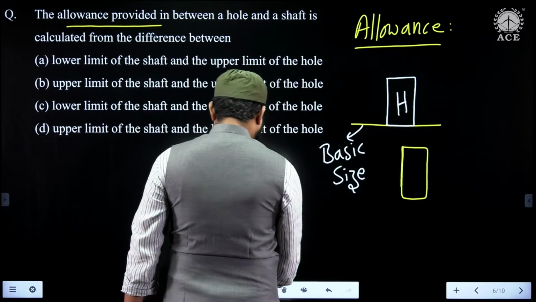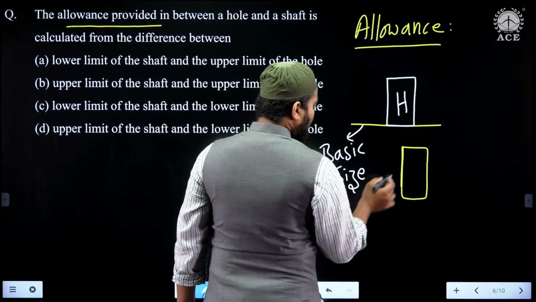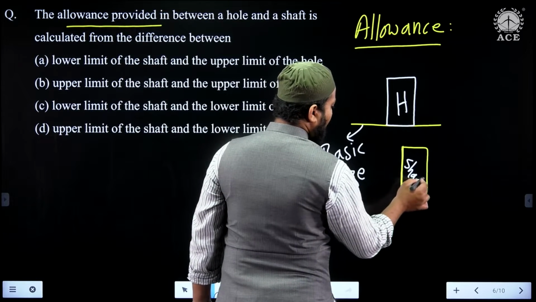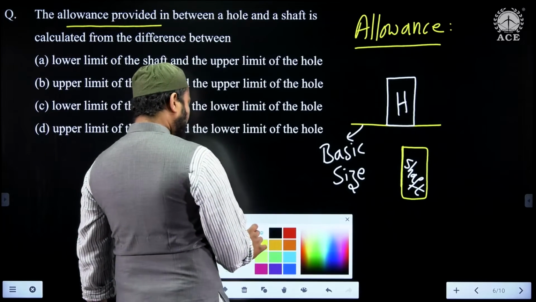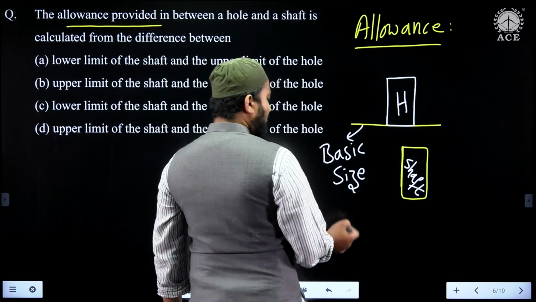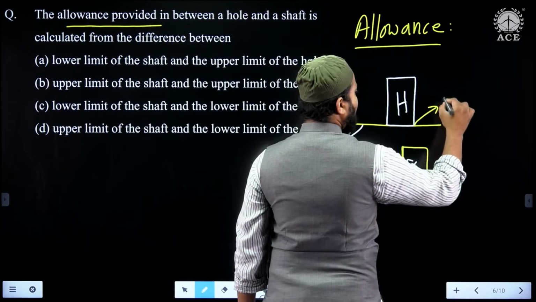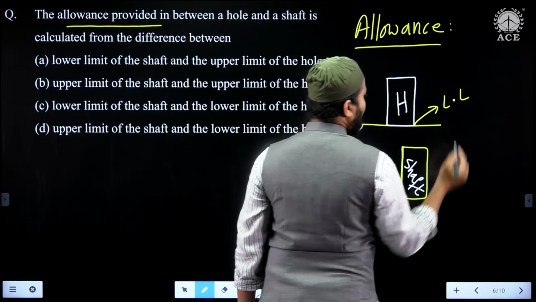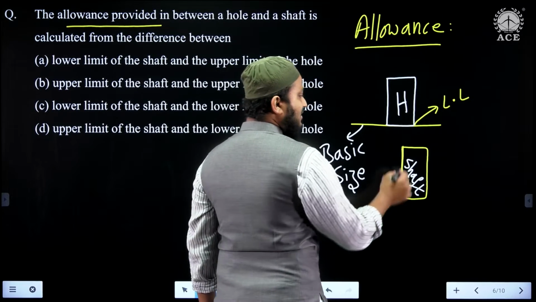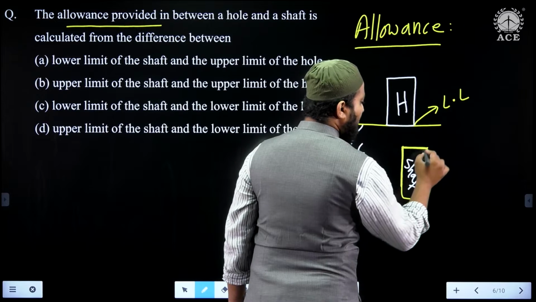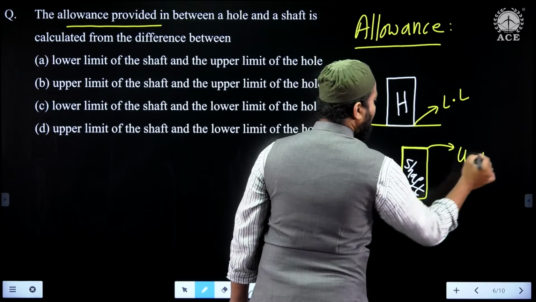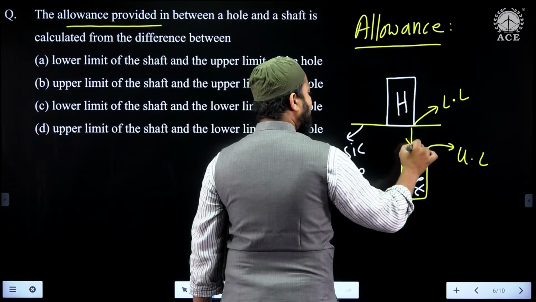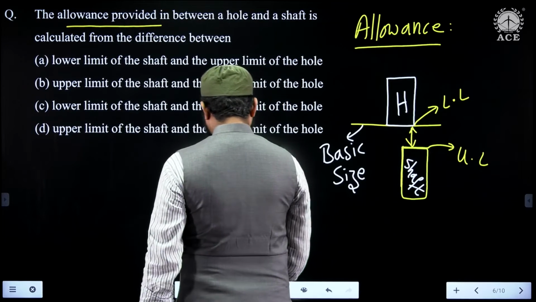Now under this condition, the difference between maximum material limits: in case of hole, the maximum material limit is the lower limit, whereas in case of shaft, the maximum material limit is where the material is more, it is the upper limit. So this particular difference we are calling the allowance.